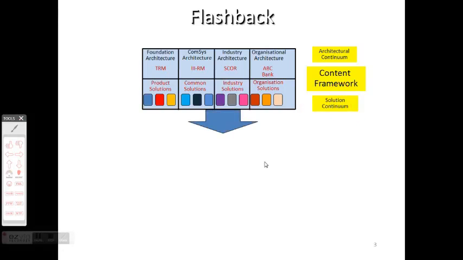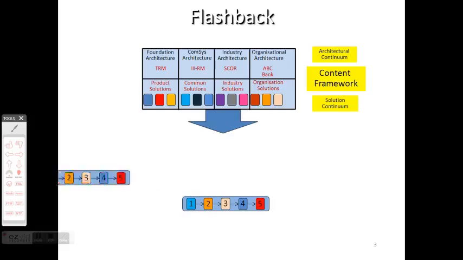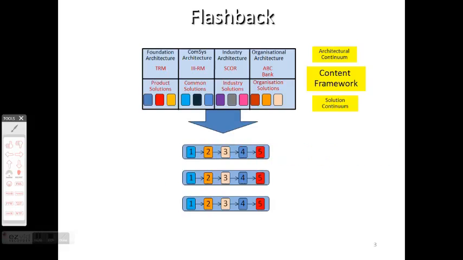Then I explained how we can bundle together different services from the pre-existing building blocks in our content framework and solutions continuum, as well as the architectural continuum, in order to build our own layers of services.